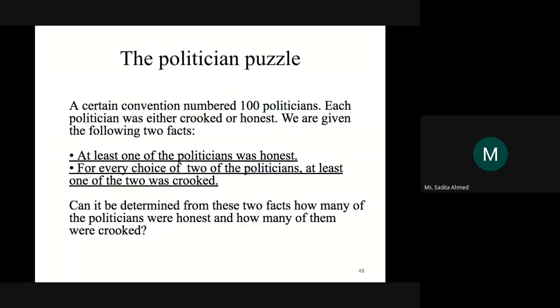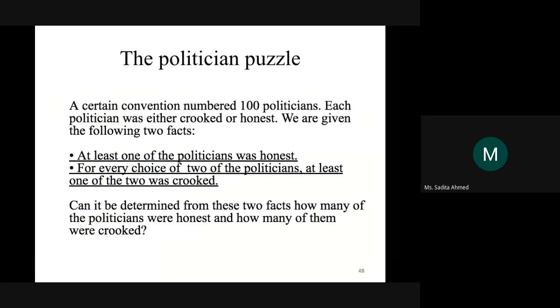Now, in these 100 politicians, if you did have more than one honest politician, see, for every choice, that is for all possible combinations among the 100, this is being said for every possible choice.